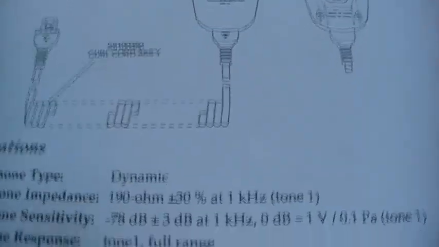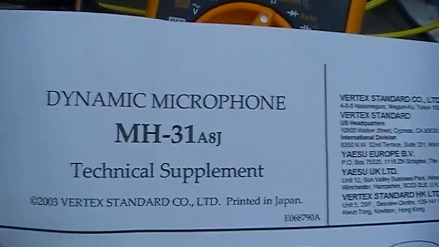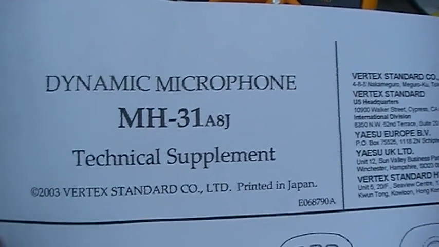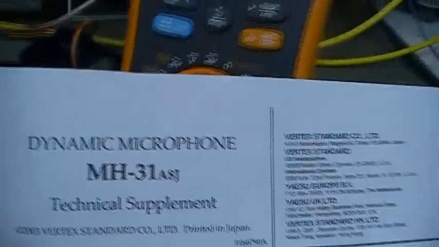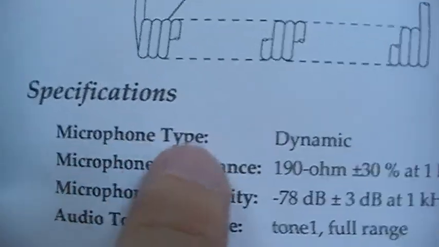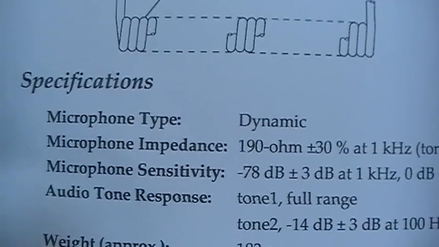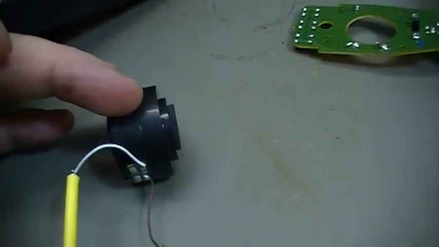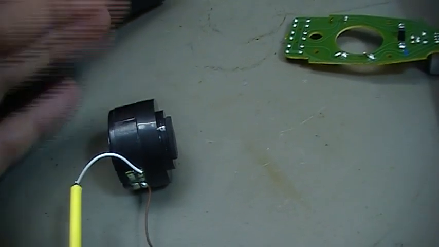And to prove what I have said, the original dynamic microphone MH31 technical supplement issued by Yaesu is telling us, it is already mentioned here, it is a dynamic microphone, and that means on any dynamic microphone we should be able to read a resistance, and if not, it is definitely broken.